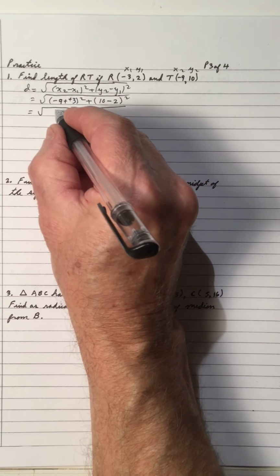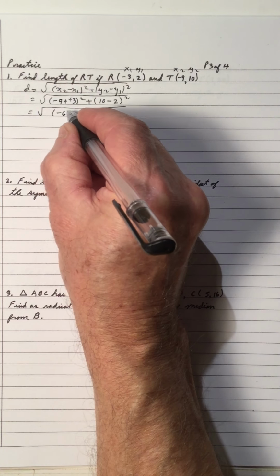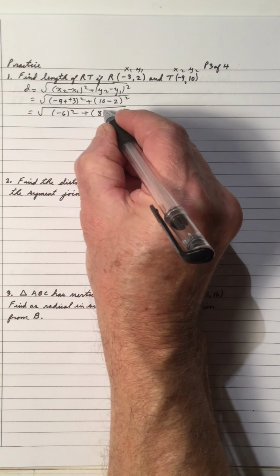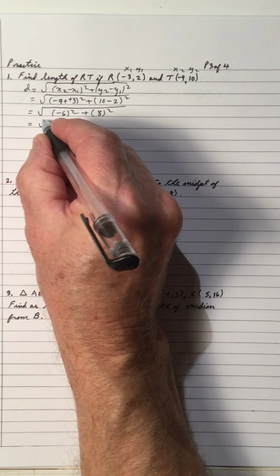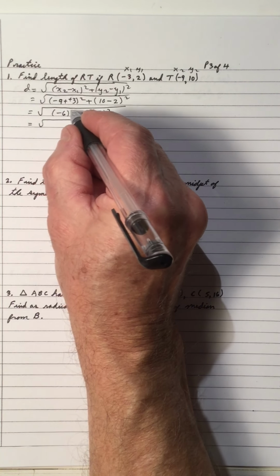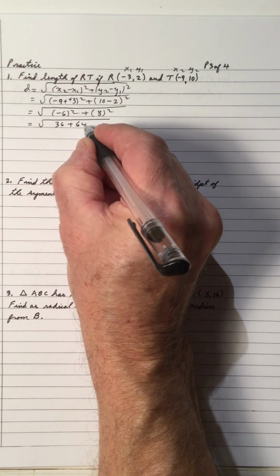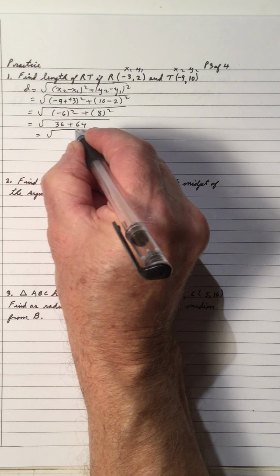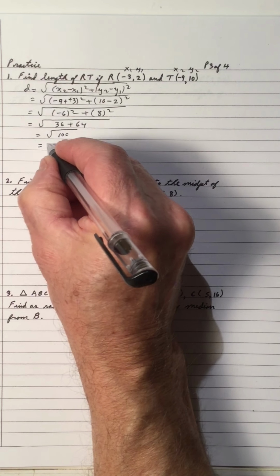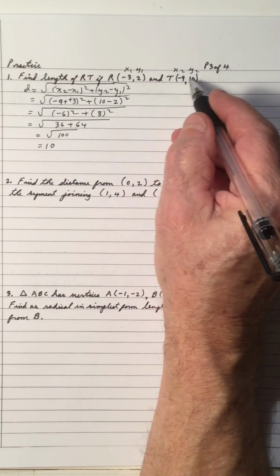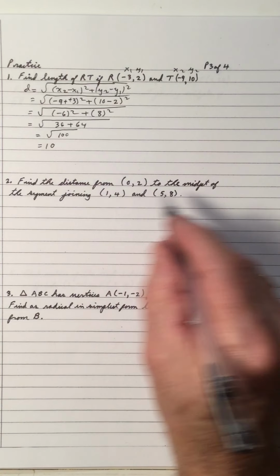Double negative is a positive, so that's negative 6 being squared. 10 minus 2 is 8 being squared. Negative 6 squared, negative 6 times negative 6, is 36. 8 squared is 64. Adds up to 100, and the square root of 100 is 10. So the distance between these two ordered pairs is 10 units.